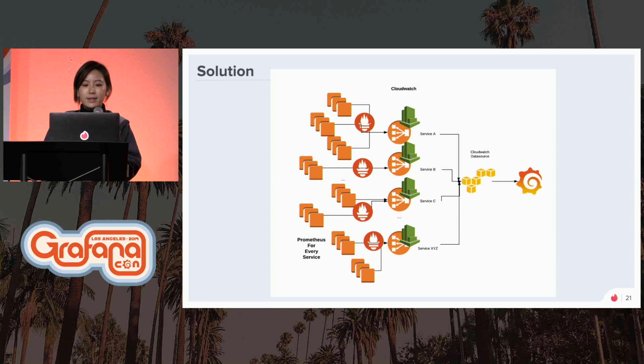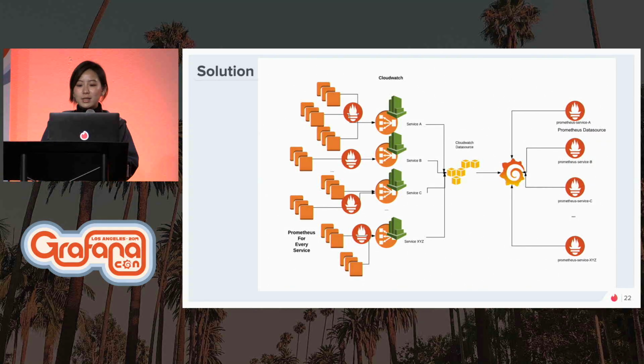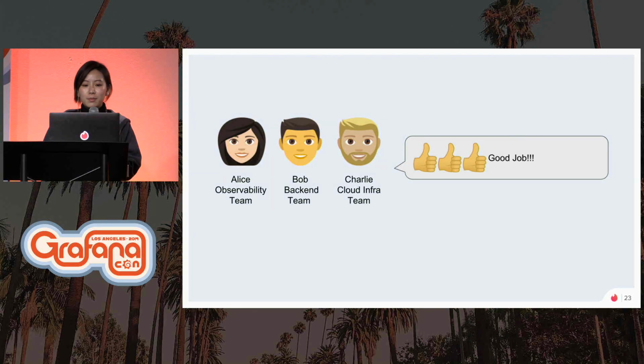In this way, we can easily scale each individual Prometheus server based on that service's load. Then from the Grafana side, we will have a Prometheus data source for each individual service. Then everyone is happy again.